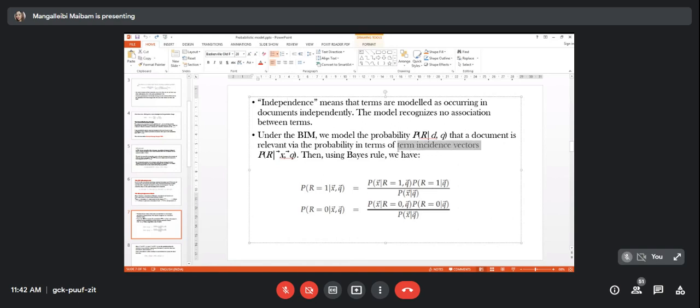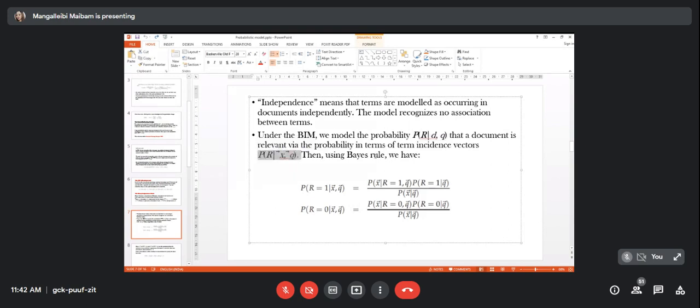Instead of this probability, we will be writing it as vectors: probability of R given x vector, q vector. The x vector indicates the document, and the q vector indicates the query. So this we have represented using the term incidence vectors.